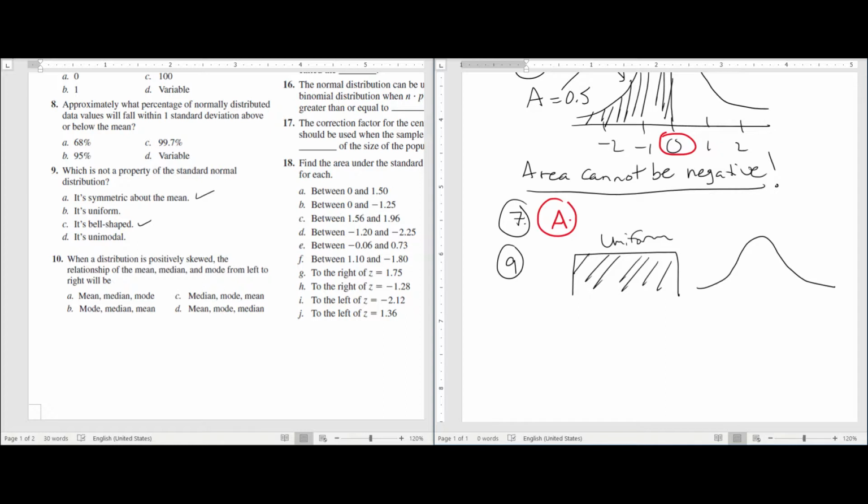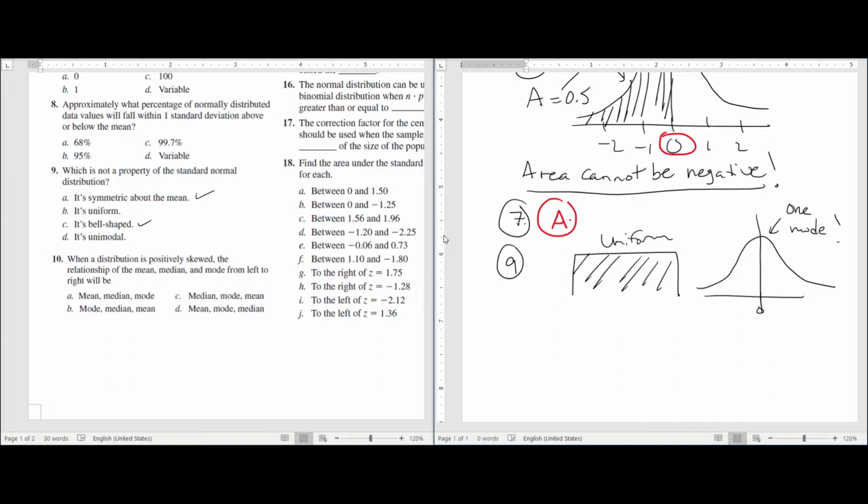So the mean is always in the middle, and it's symmetric about the mean. And it says unimodal. So unimodal means you only have one mode. So here you only have one mode, which is at the very center.